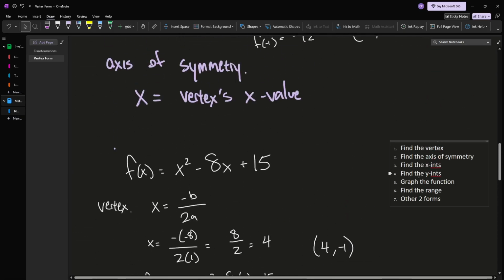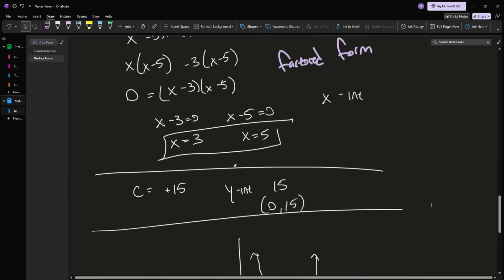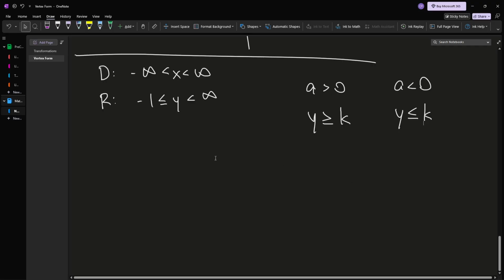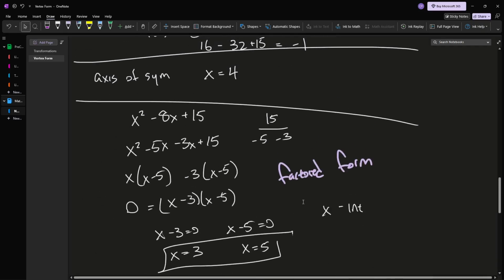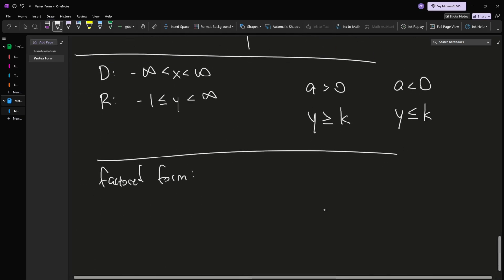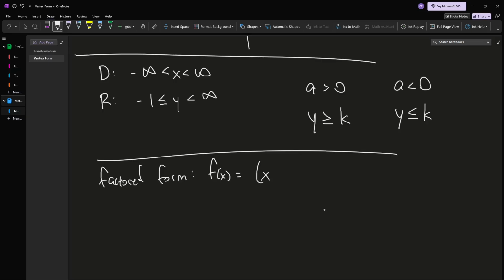And now finally, we need to find my other 2 forms. First up, I have my factored form, which we found earlier when we found our x-intercepts. So my factored form is f(x) = (x - 3)(x - 5).